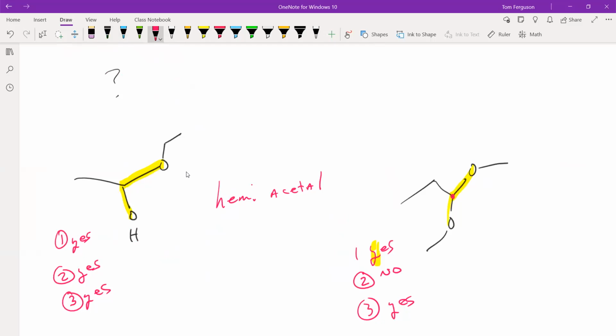Remember, carbon again is 4 bonds. If you only see 3, that means the fourth one is a hydrogen. Line drawings don't include hydrogens. So there's a hydrogen there. So now it's got no OH, so it's not a hemi, and it's got an H there. So that means it's an acetal.